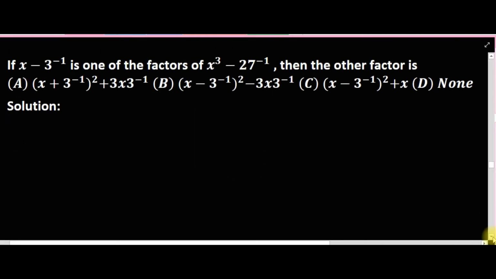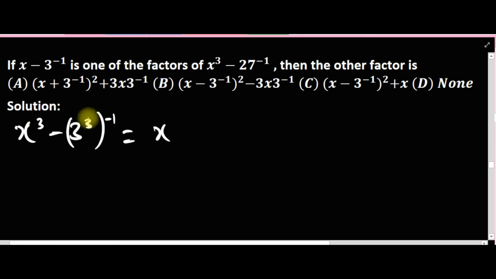So we're asked, if x minus 3 raised to power minus 1 is one of the factors of that, then the other factor is that. So we'll write this as 3 raised to power 3, which is correct.